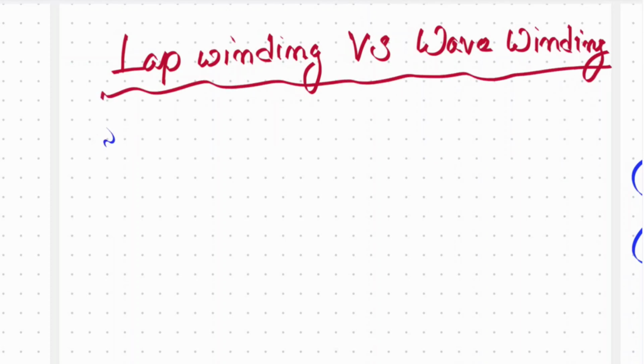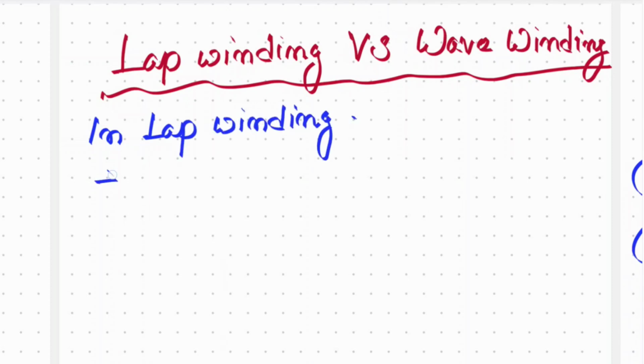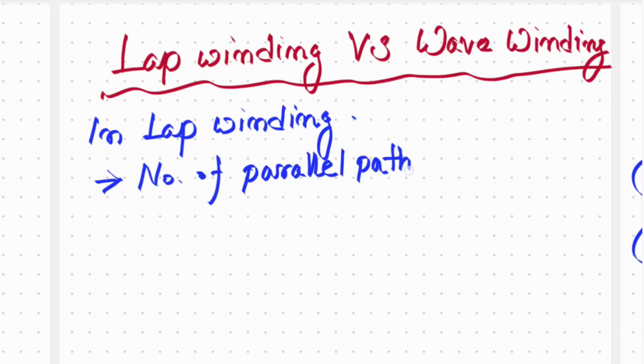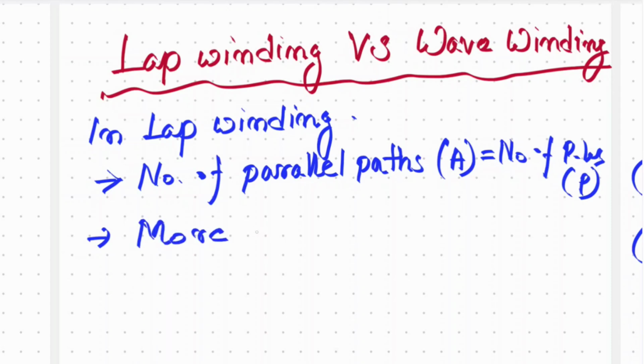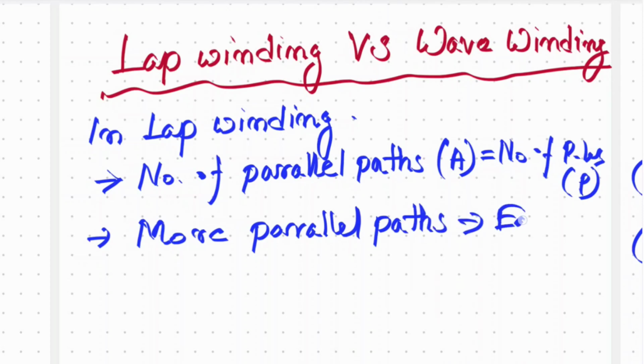In case of a lap winding, the number of parallel paths A is equal to the number of poles P, and with more parallel paths, each path carries less current.